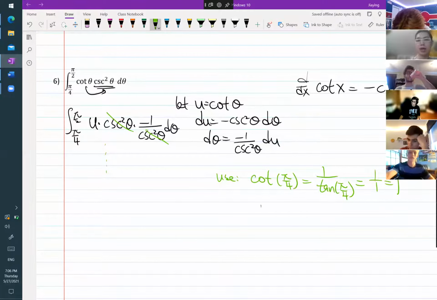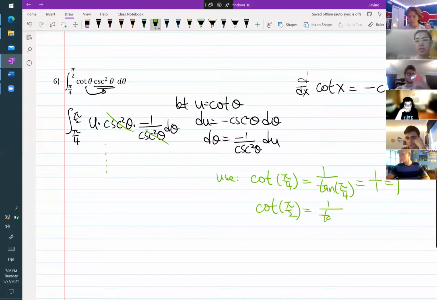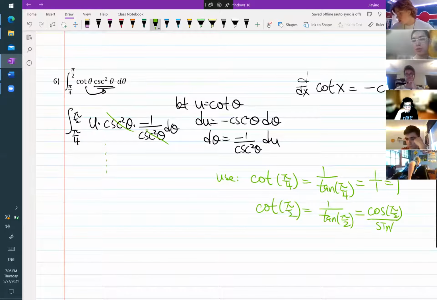And at some point you will have to use cotangent pi over 2, which is 1 over tangent pi over 2. That wouldn't give you a good answer, so you have to rewrite this as cosine pi over 2 divided by sine pi over 2. That becomes a 0. So at some point, you're going to use those two trig values in order to complete the problem.